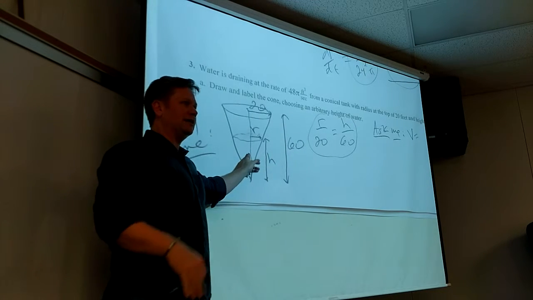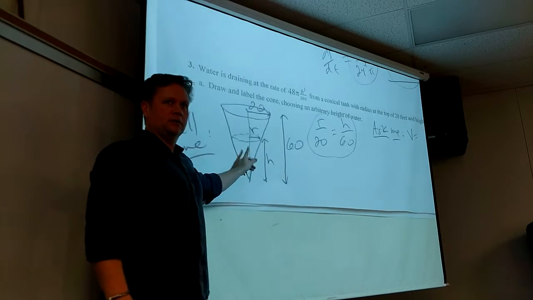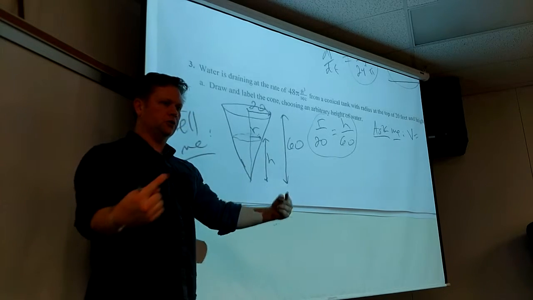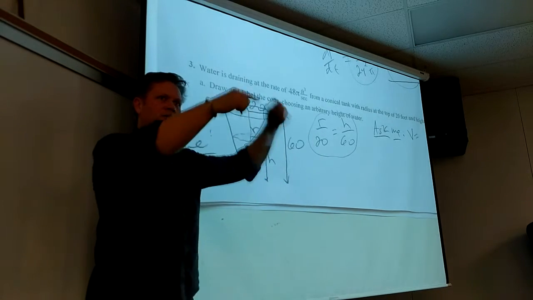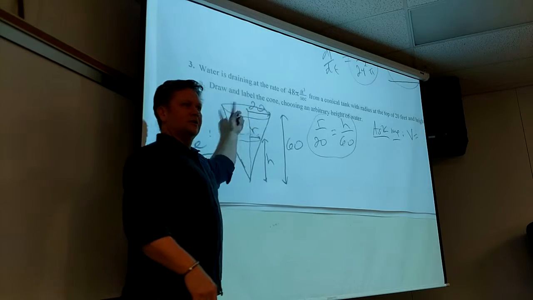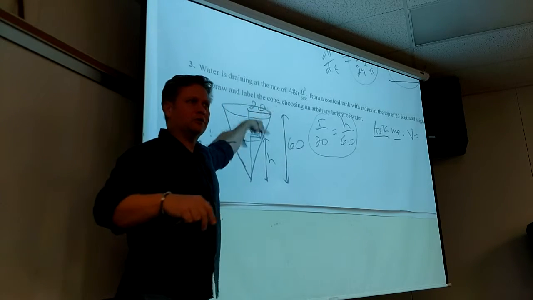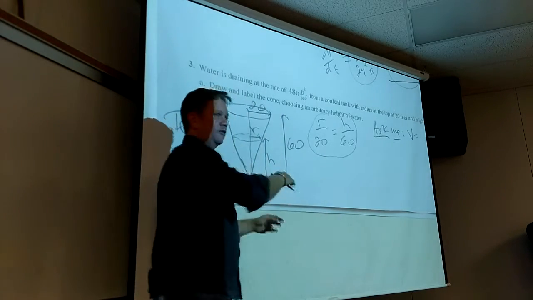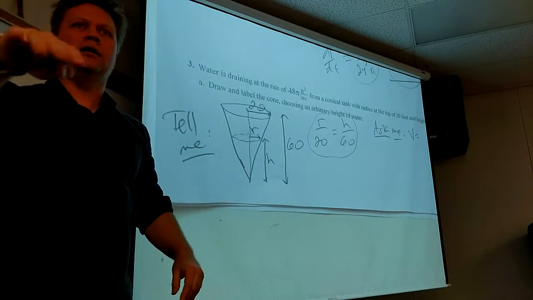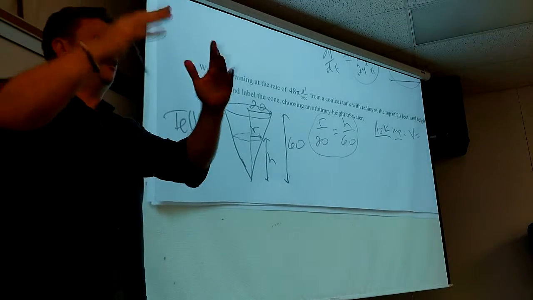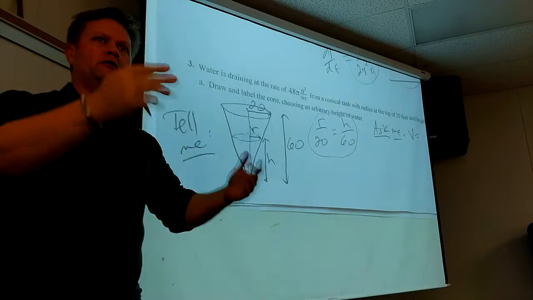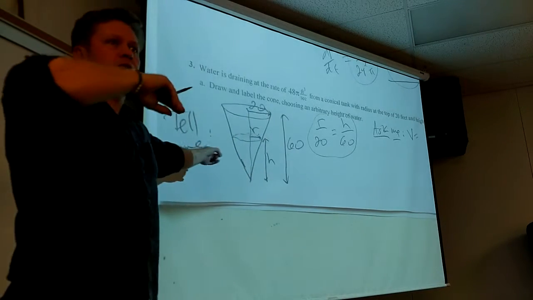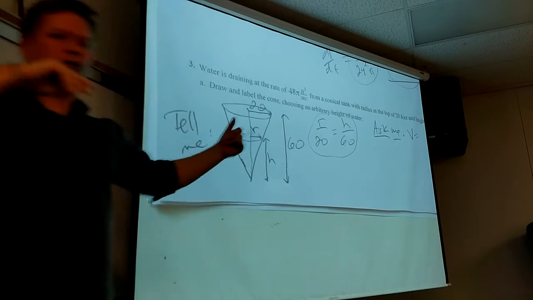Believe it or not, this is technically a pyramid. The definition of pyramid is all the corners go to a single point. So if I have a circle, the corners are every point on the circle, and they all go to a single point. So the formula for any pyramid is 1/3 the volume of the shape it was cut out of. So this would just be 1/3 pi r squared h. It's 1/3 of a cylinder.